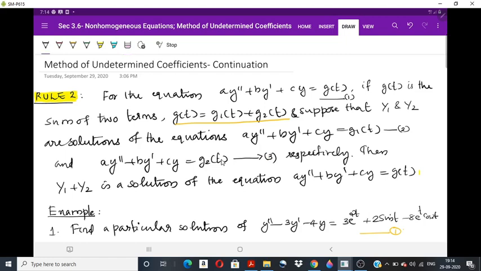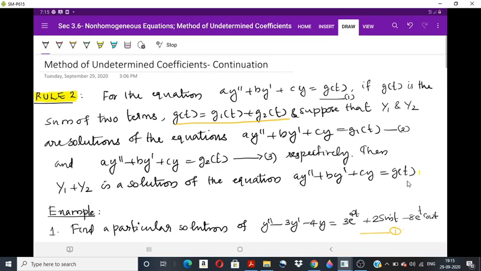Then the rule says that y1 plus y2, the sum of the two particular solutions, will be a solution of the equation with the right side function as the sum of the two functions g1 and g2.